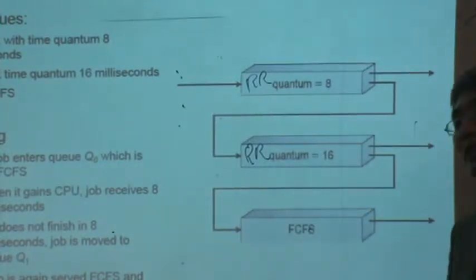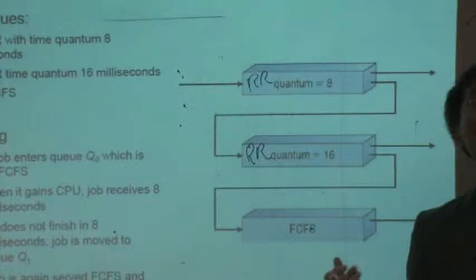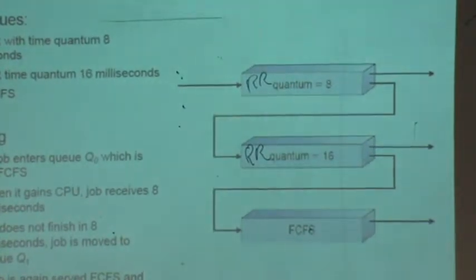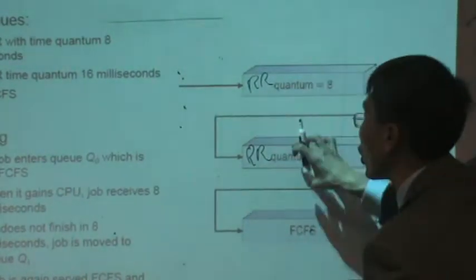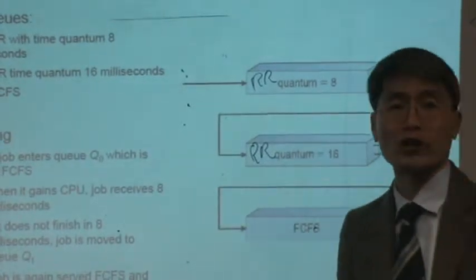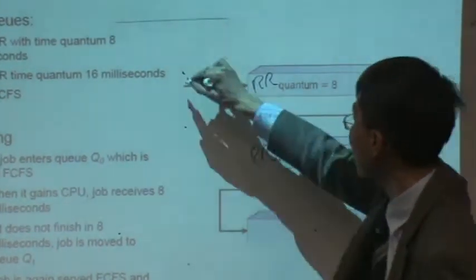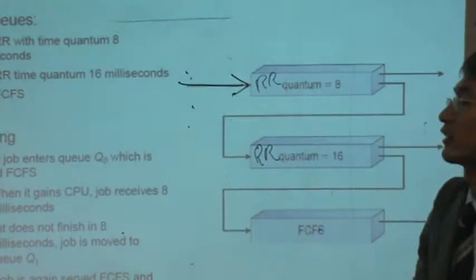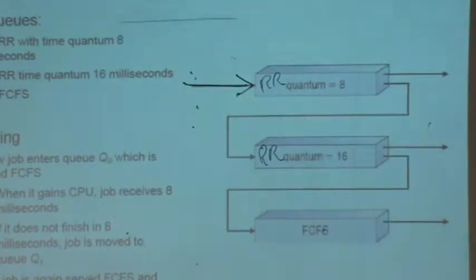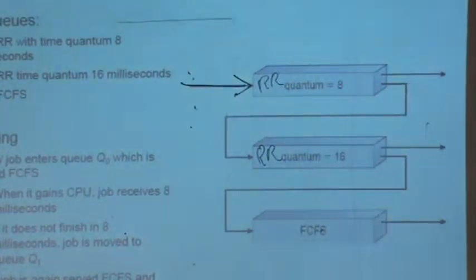And the last one is first come, first serve. We are not going to determine which queue is assigned to the process. Instead, the process always enters this one, the smallest quantum size.